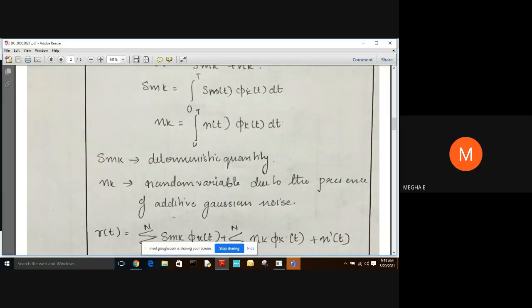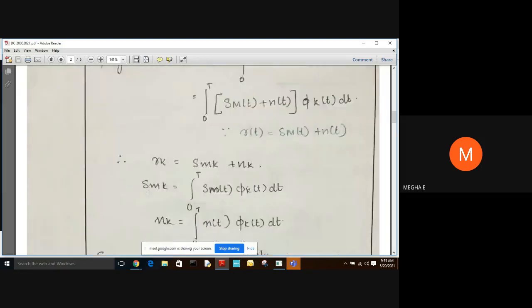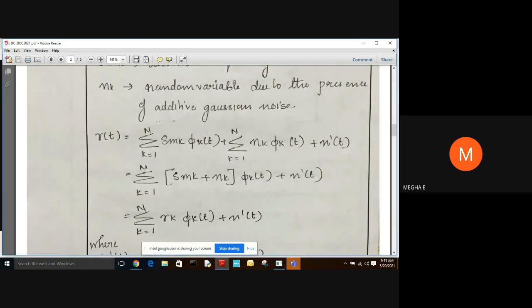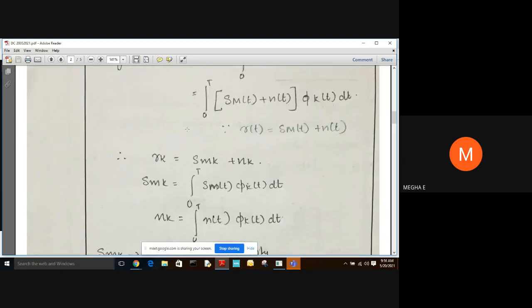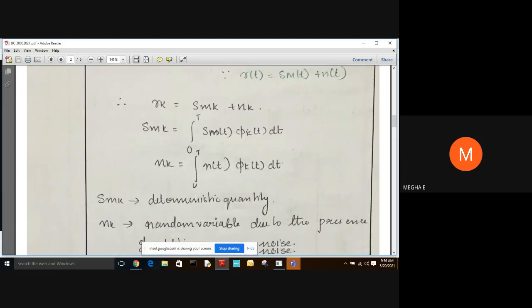Now we substitute for this R of t. R of t is nothing but the summation k equal to 1 to n of Smk into phi k of t, plus the summation k equal to 1 to n of Nk into phi k of t, plus n dash of t. This integration we are changing into summation.